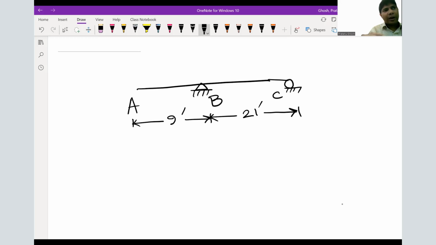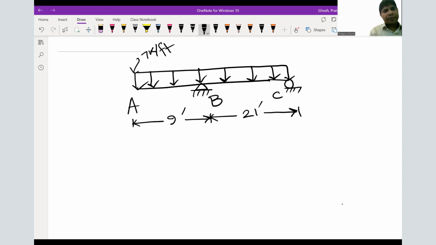And all the way from A to C we are having a rectangular uniformly distributed load, which is 7 kip per feet. So our first step, find the reactions.